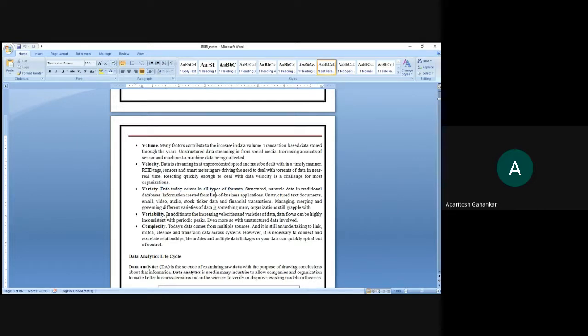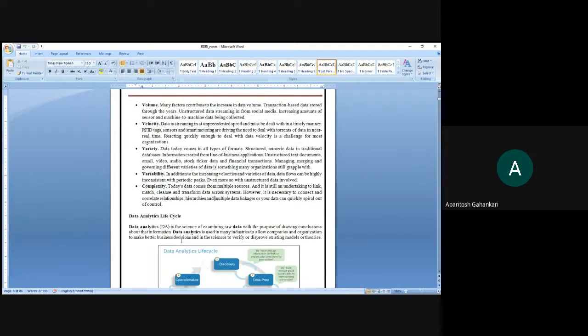Then variability: in addition to increased velocity, the variety of data flows can be highly inconsistent with periodic peaks. And complexity: today's data comes from multiple sources, and that is why it has a huge amount of complexity. There are multiple linkages which we cannot control as such.